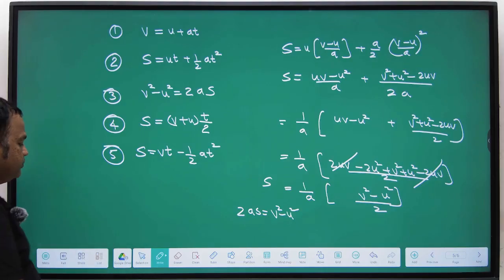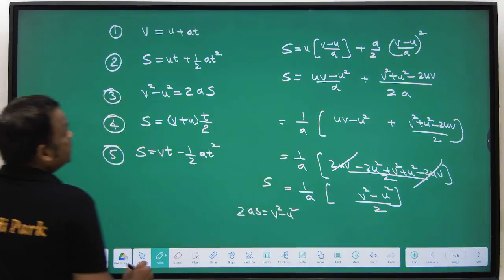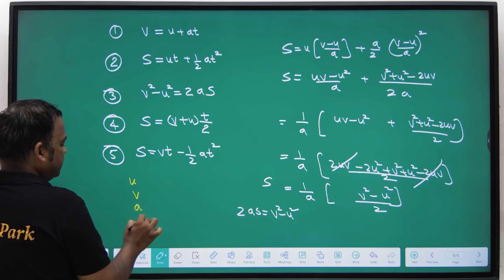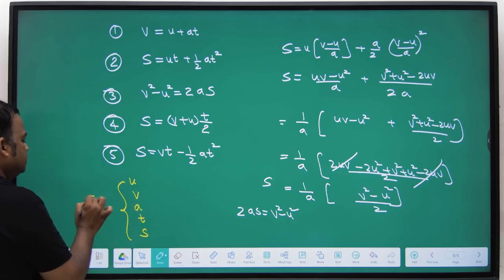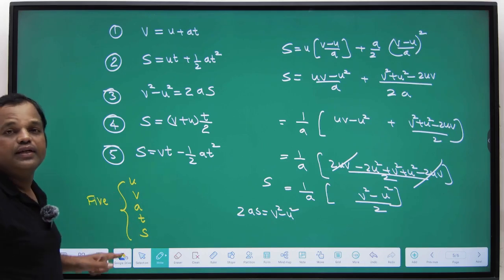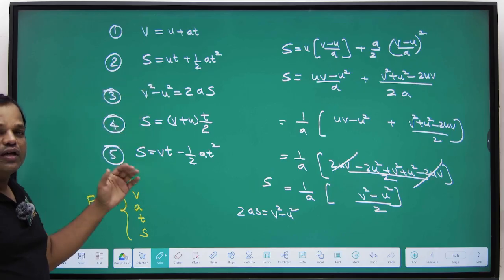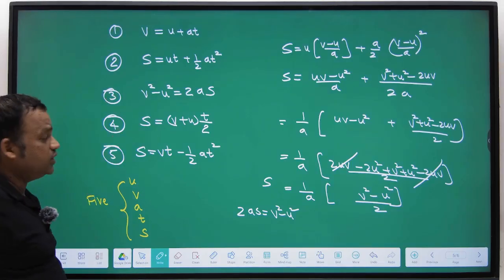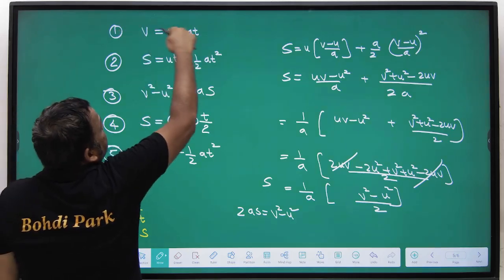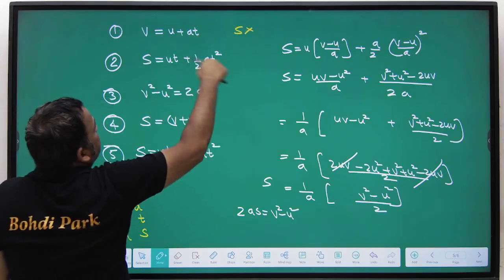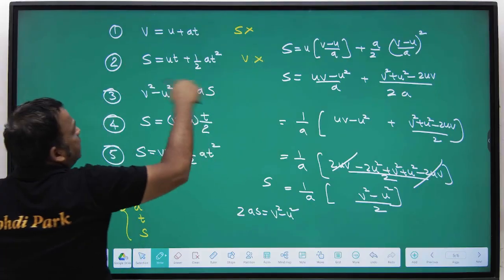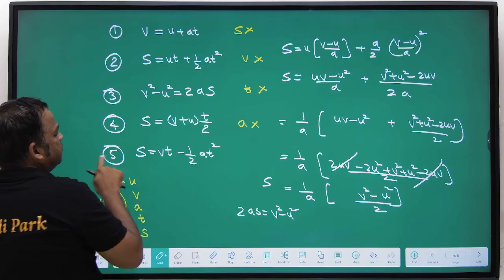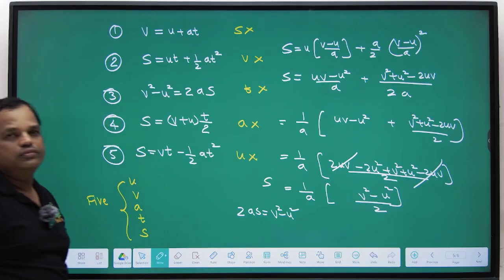If you notice, these equations of motion are relating the quantities u, v, a, t and s. These 5 quantities, these 5 equations of motion are relating. And one more thing that you will notice in these 5 equations of motion is, in the first equation we don't have s, in the second equation of motion we don't have v, in third equation of motion we don't have time, in fourth equation of motion we don't have acceleration, in fifth equation of motion we don't have u.